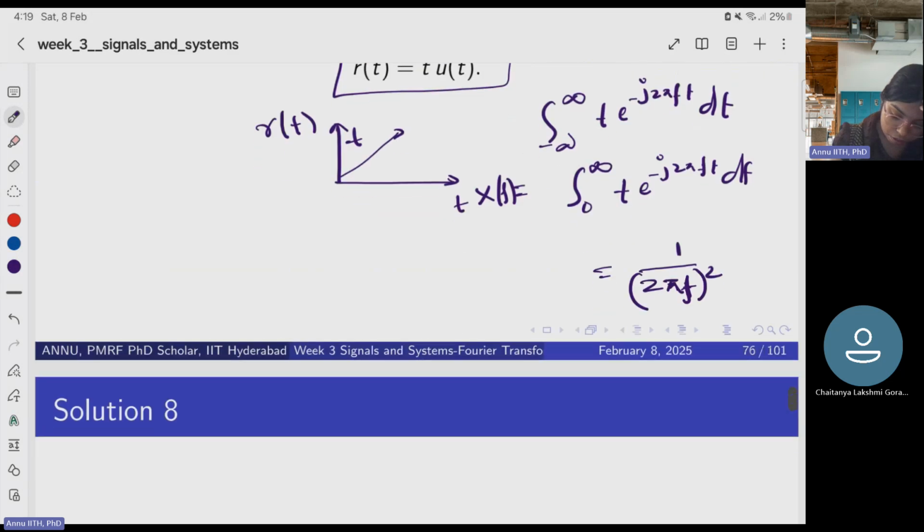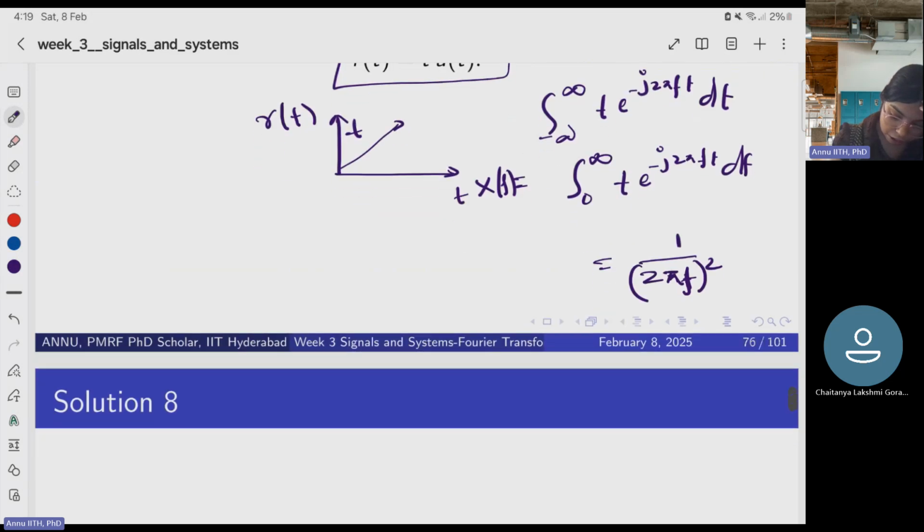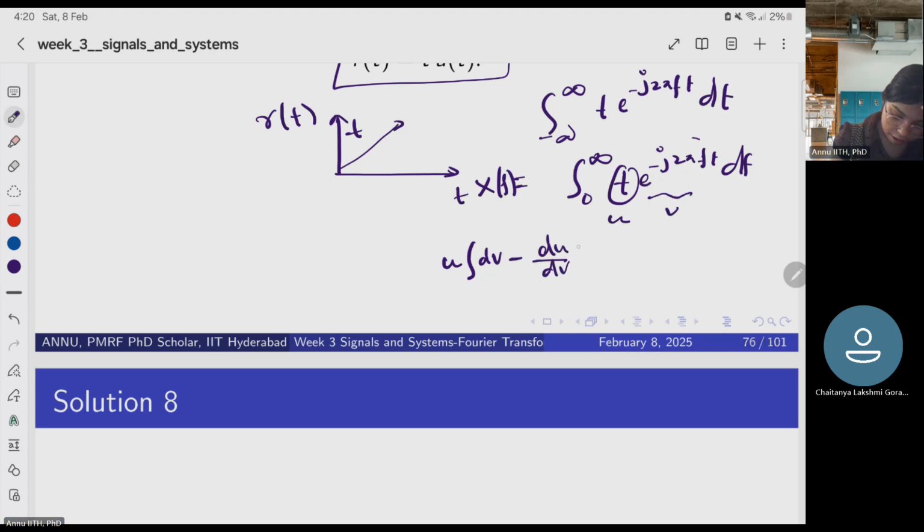For this integration, there is one formula, with a first function and a second function: the integral of u dv equals u v minus the integral of v du.